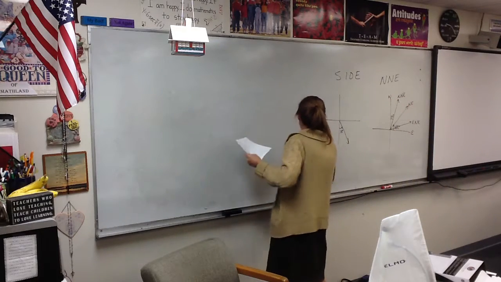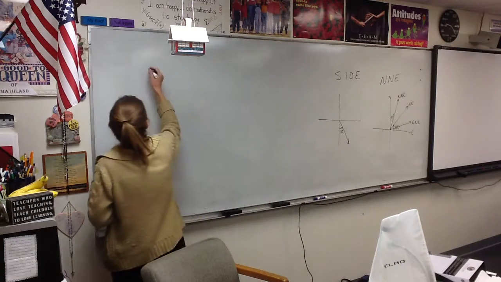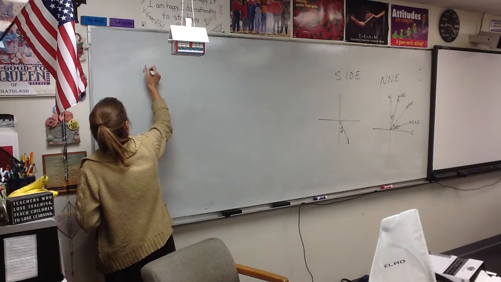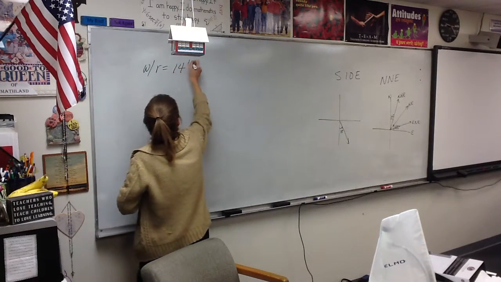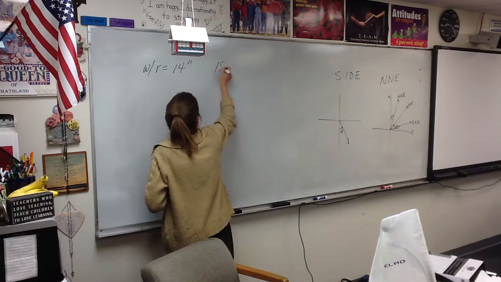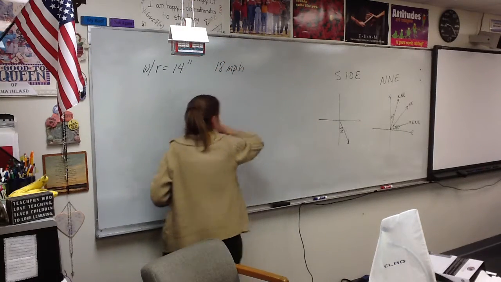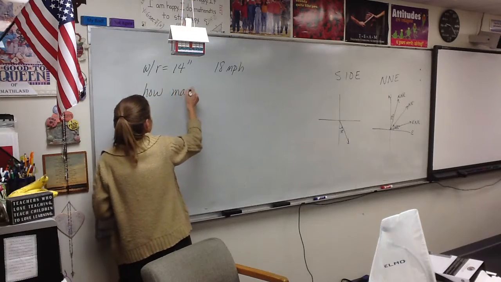I want to do another example. Here's the situation. I have a tire with a radius of 14 inches. It is traveling at a speed of 18 miles an hour. I want to know how many RPMs.